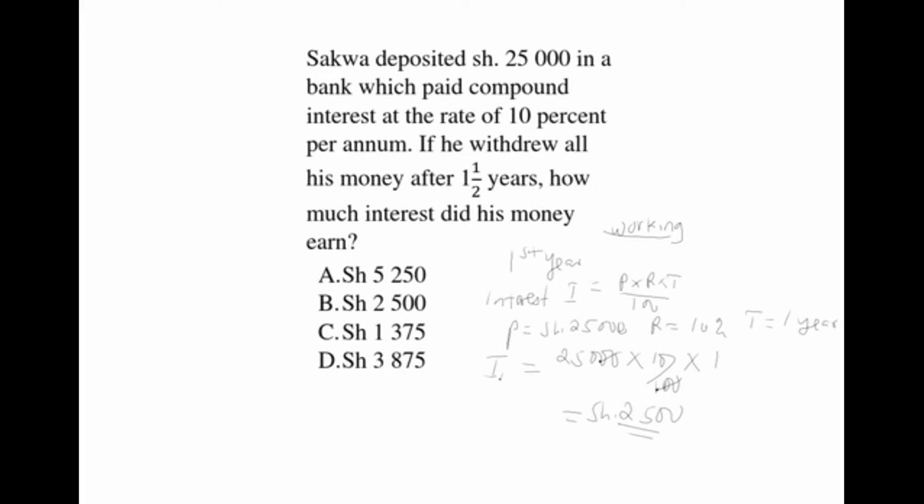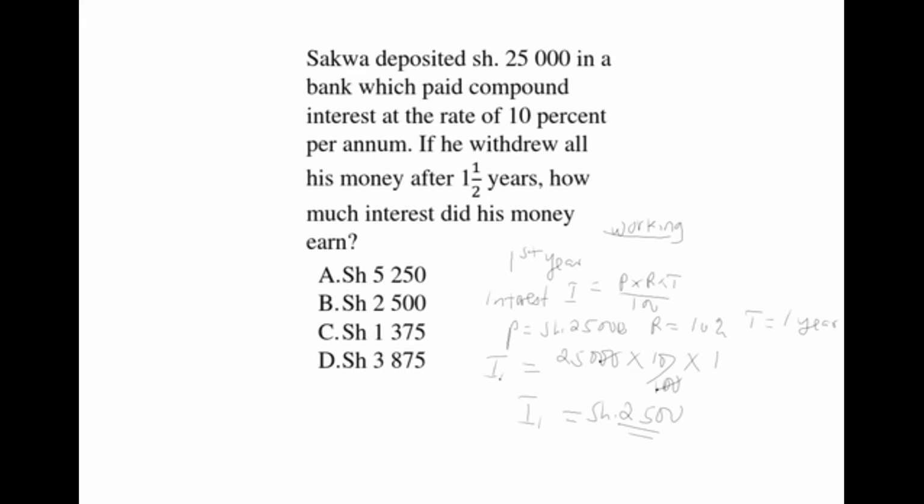as our interest 1. Then we go to the second year. When we go to the second year, now the principal will be the original principal plus the interest earned in the first year. So our new principal, let's call it P2, will be given by principal P1, which was our original principal, plus I1.